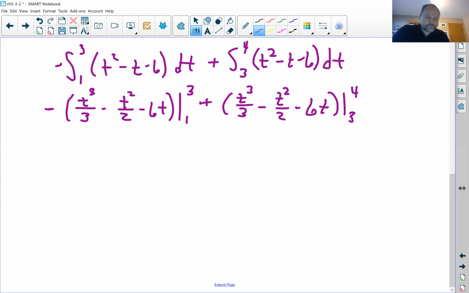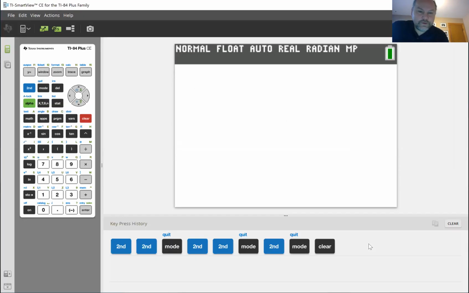So on the graphing calculator, and if you have a TI-84, you're going to absolutely love this. If you have an 83 plus, you can still do it. It's a little bit more difficult.